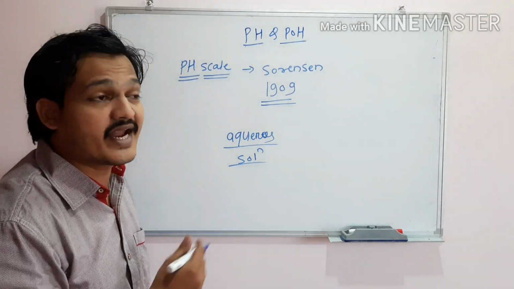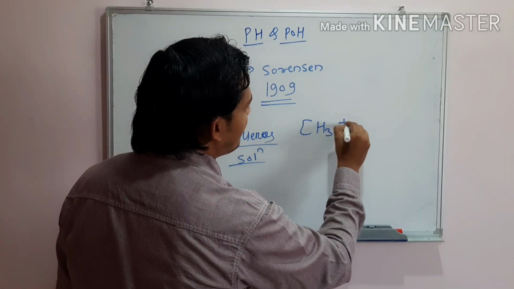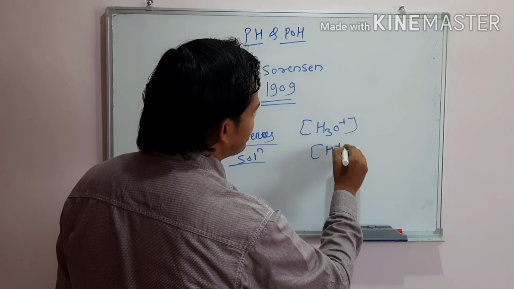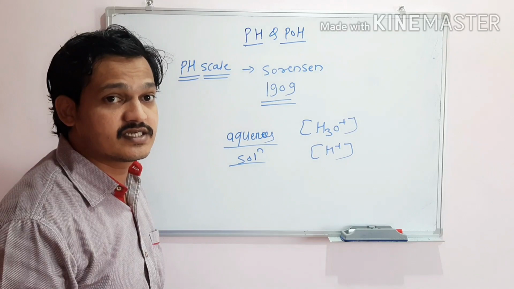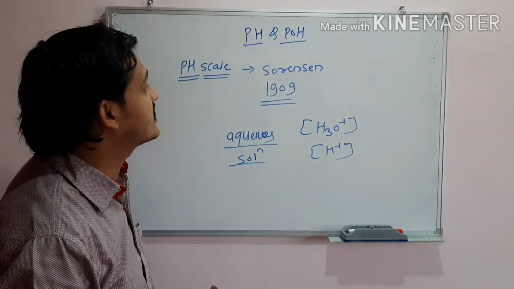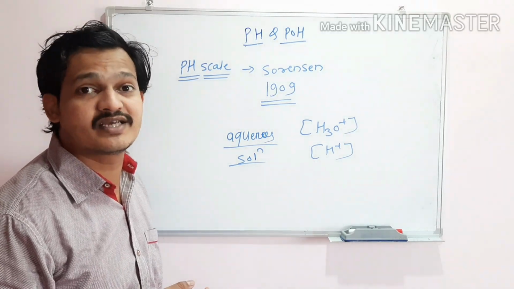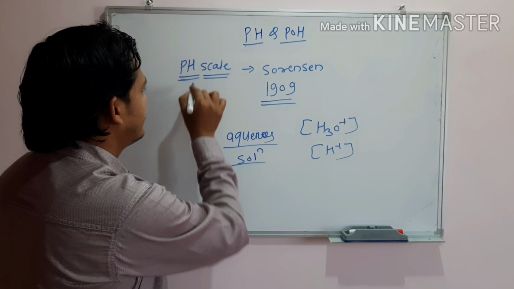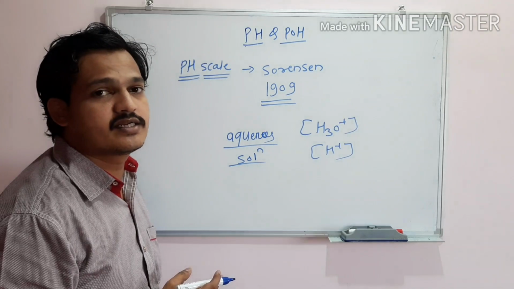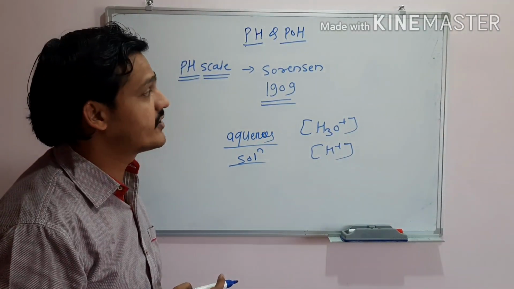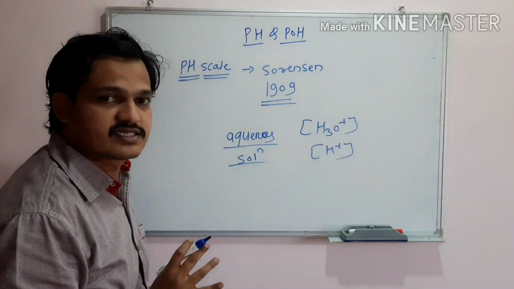So instead of expressing the hydronium ion concentration, that is H plus ion concentration, as 1 into 10 to the power minus 7 at 25 degrees Celsius, he developed a new logarithmic scale called the pH scale.